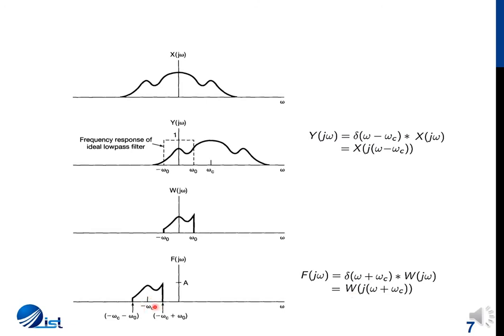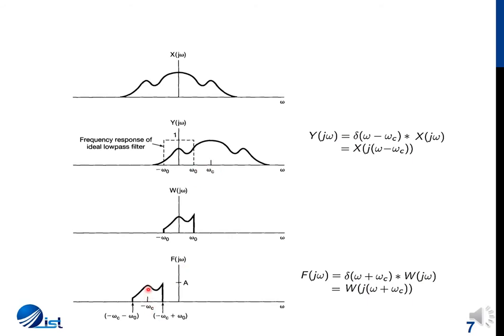I am referring to a center frequency because in the individual spectrum, the spectrum was centered at a frequency of 0. Now after modulation, the spectrum is centered at a frequency of omega c. By centered, it means that it is symmetric around this point.